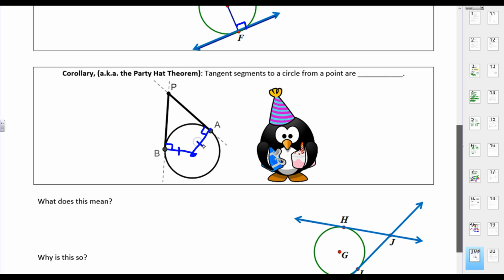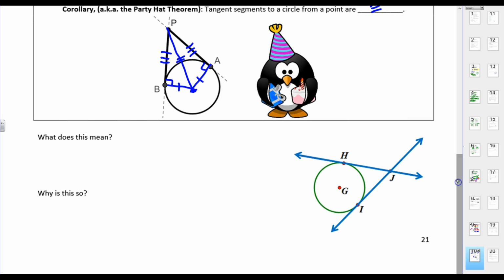These are radii, so they're congruent. If I were to draw a segment here to make this into two congruent triangles, we can see that by the HL theorem, segments PB and PA are also going to be congruent. So tangent segments to a circle from a point are also congruent.